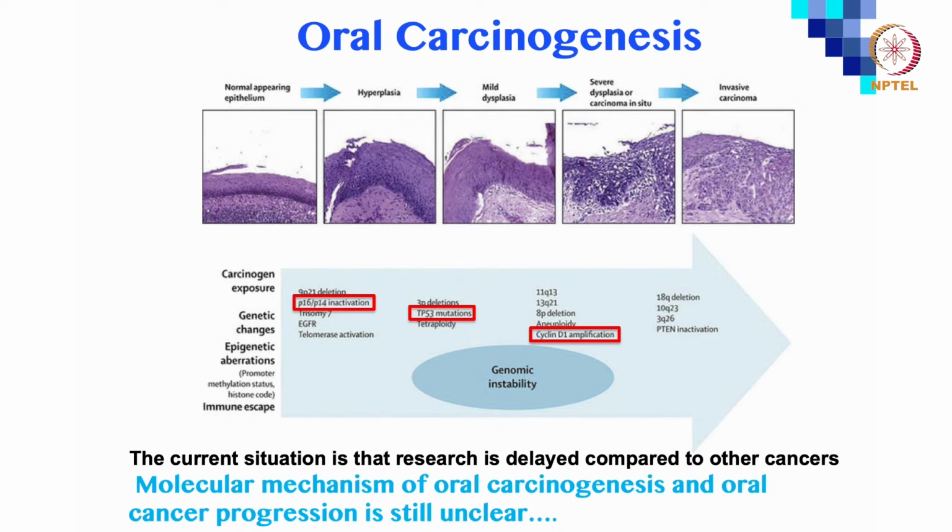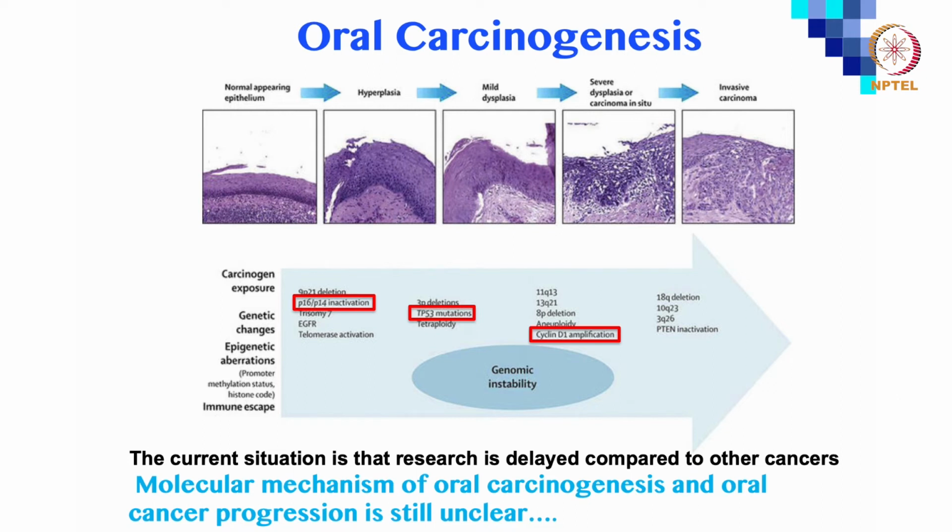Molecular alterations in epithelial cells generally precede phenotypic histologic changes and accumulate throughout malignant transformation from the benign to premalignant and invasive states. Among molecular alterations, p16 and p14 inactivation, TP53 mutation, and cyclin D1 amplification are involved in dysregulation of cell cycle.